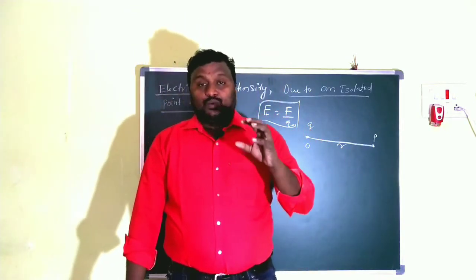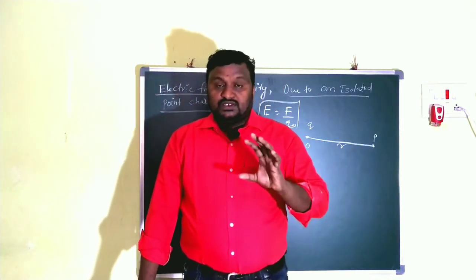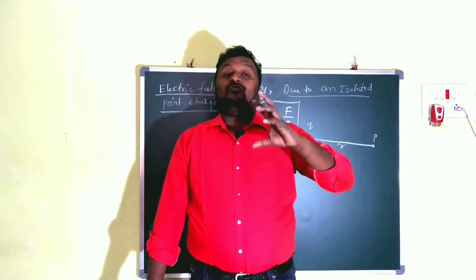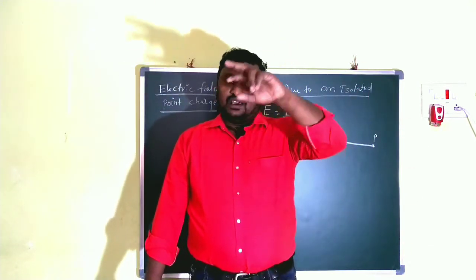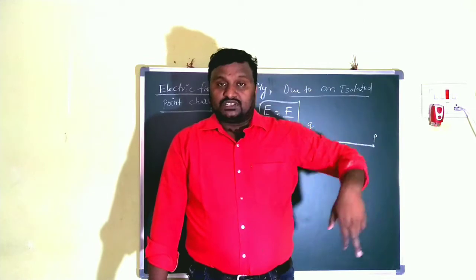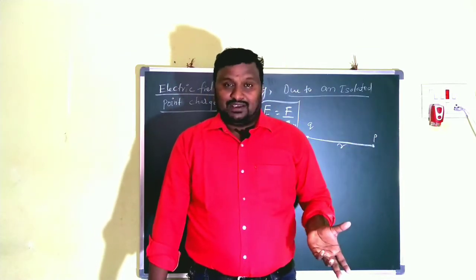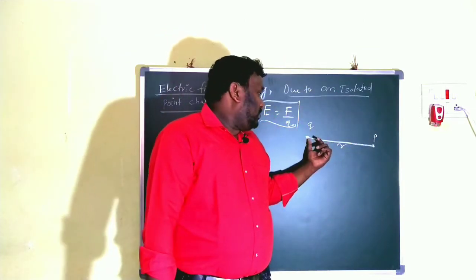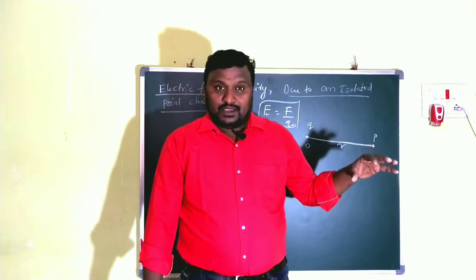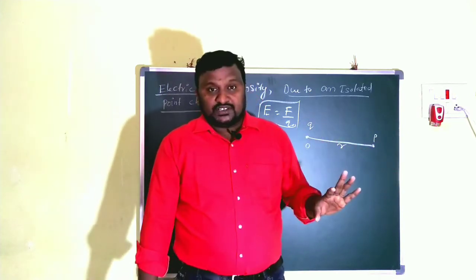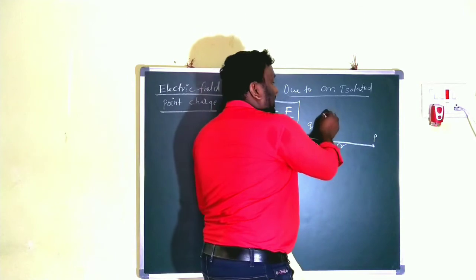We have taken one charge Q. For that charge one electric field is there, because the space around the charge is called electric field. Clear? That's why Q is having some electric field. Here I am taking a positive charge, that's why I am showing the electric field like this.